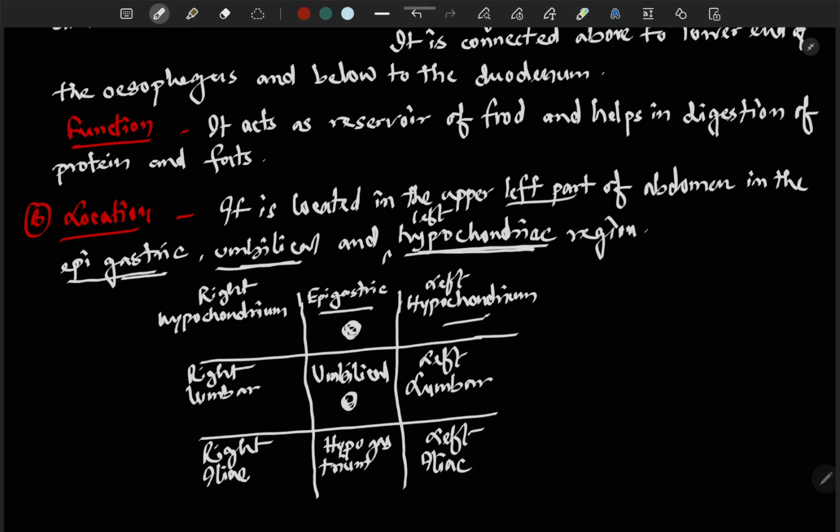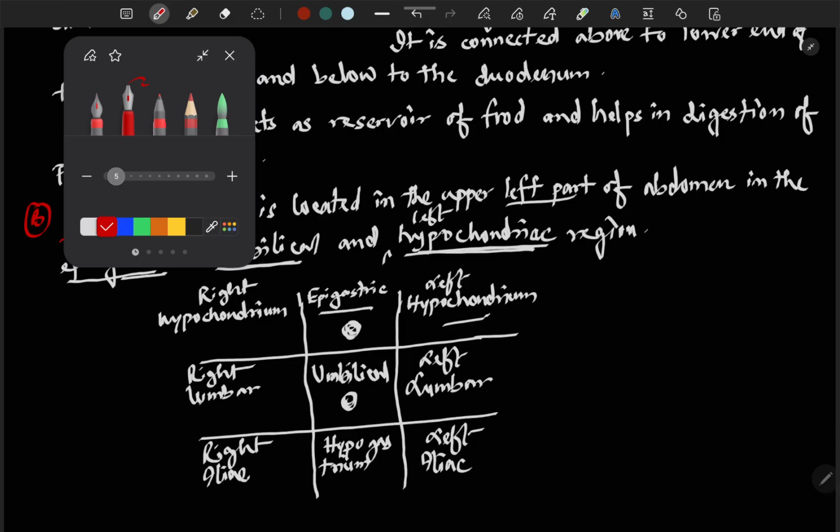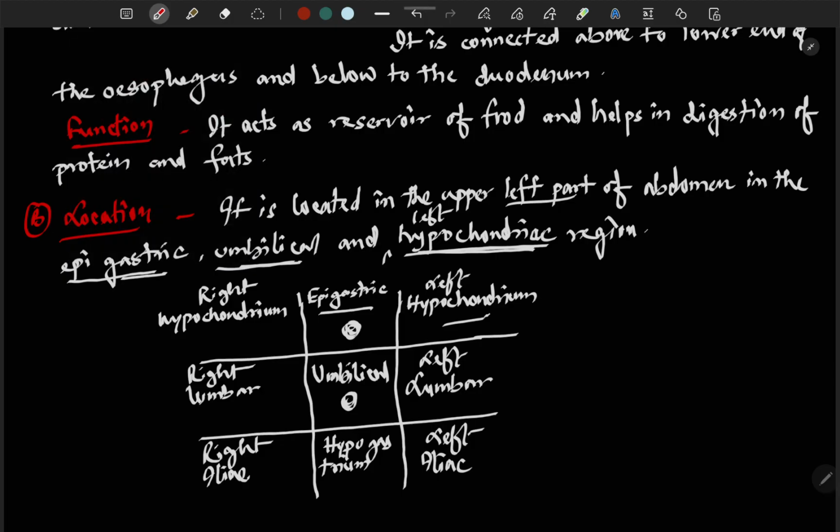So left hypochondriac region here. So the stomach is situated in these three regions.